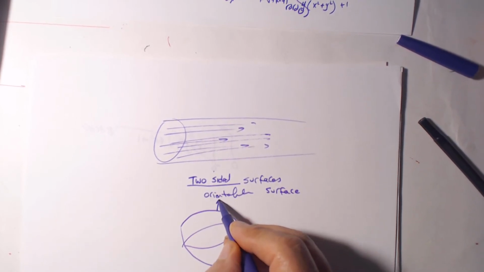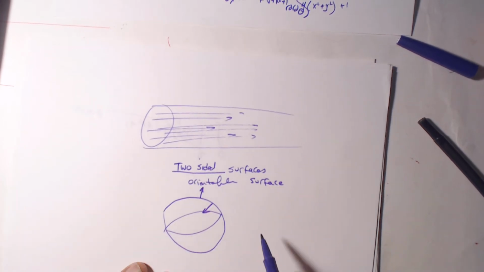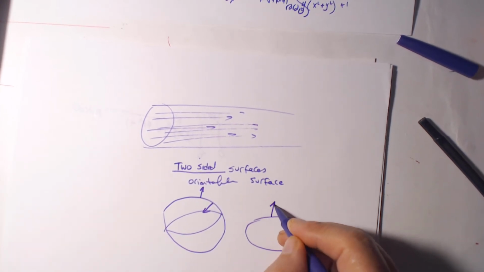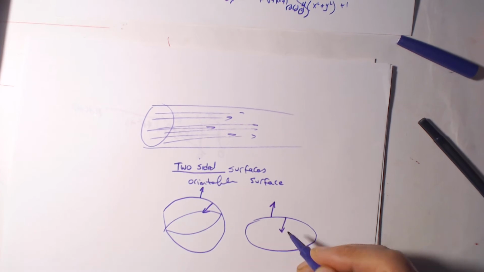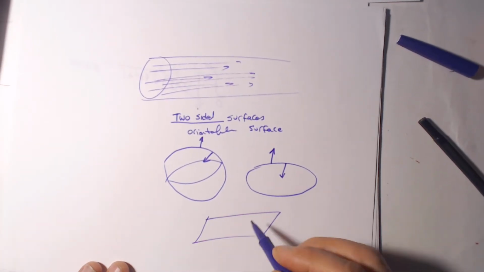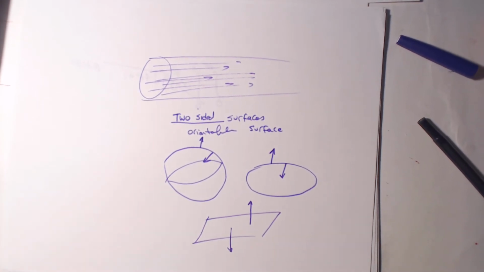Either the flow is going to go out or the flow is going to go in. An ellipse is going to be a two-sided surface. Either the flux goes out or the flux goes in. A plane is a two-sided surface. Either it goes out or it comes in.